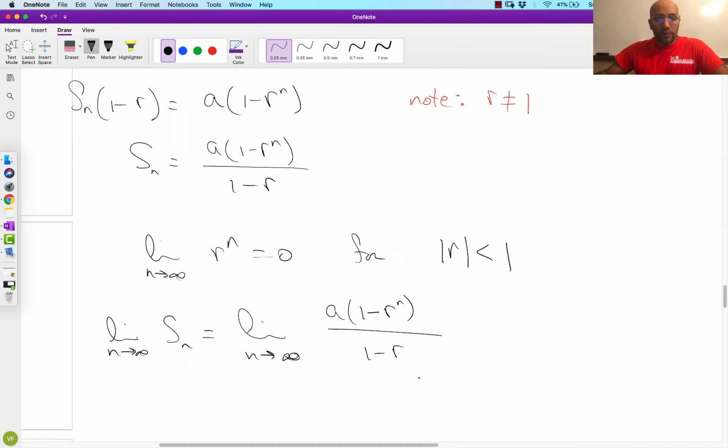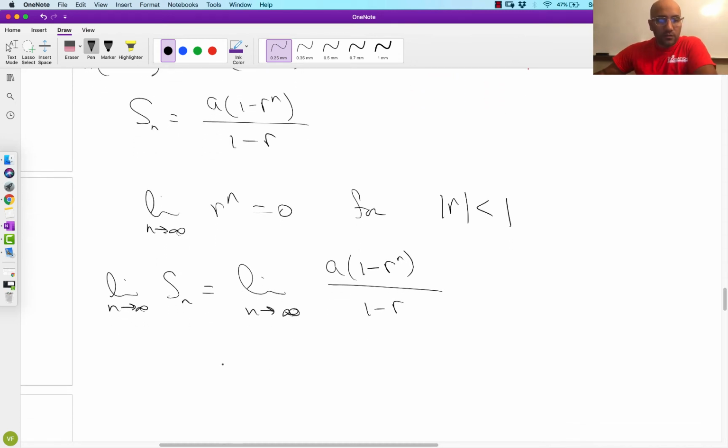And we can separate this into two fractions. This is the limit as n goes to infinity of a over 1 minus r, minus the limit as n goes to infinity of a times r to the nth power over 1 minus r.